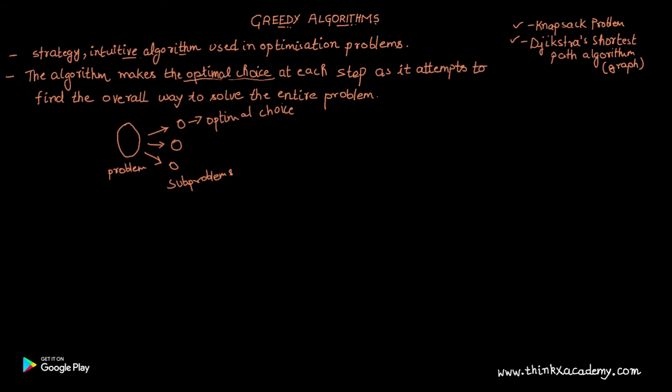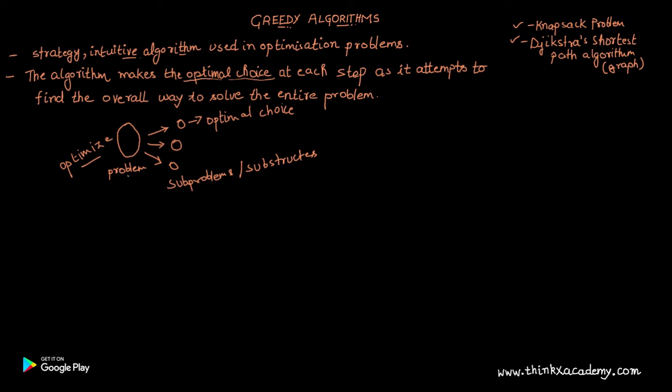We will divide our problem into sub problems or substructures, and then make the optimal choice at each sub problem, which will contribute to optimizing our whole problem. So a greedy algorithm is just a strategy. It's not a specific algorithm, but it is a strategy to optimize the sub problems such that the overall problem is also optimized.